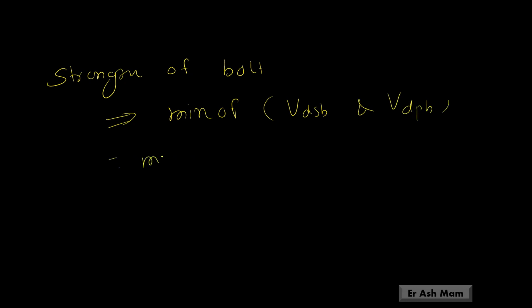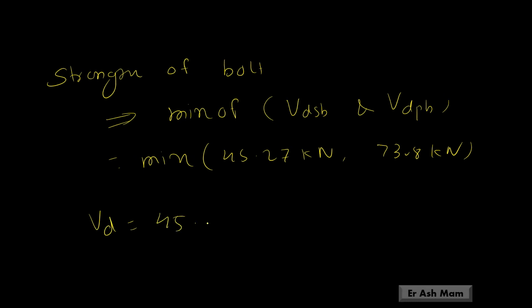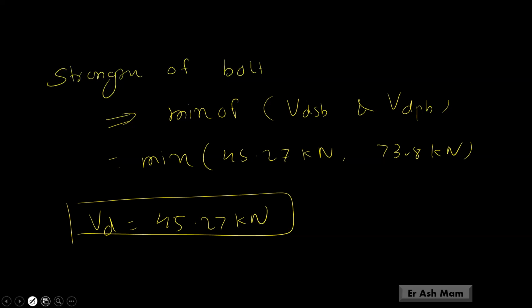We know that shearing strength is 45.27 kilonewton and bearing strength is 73.8 kilonewton. Therefore, strength of bolt, VD, equal to 45.27 kilonewton.